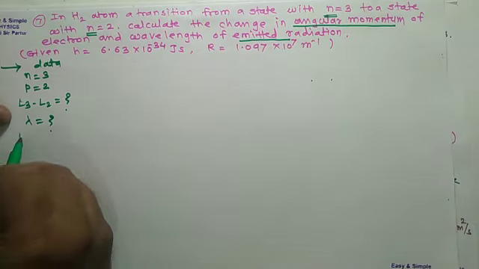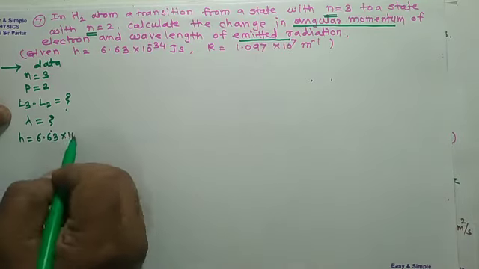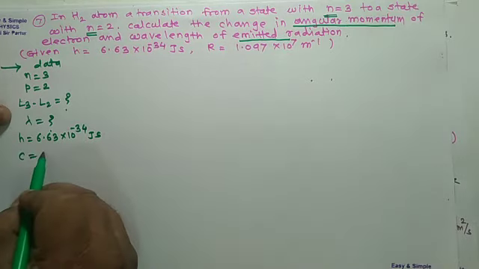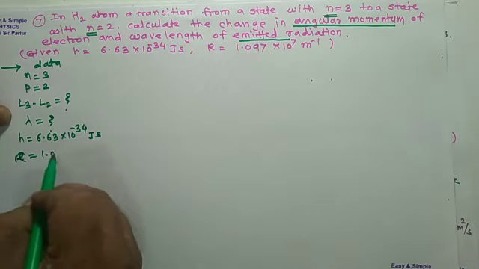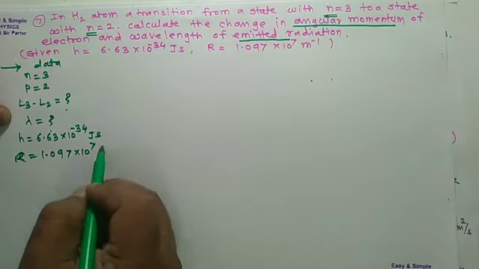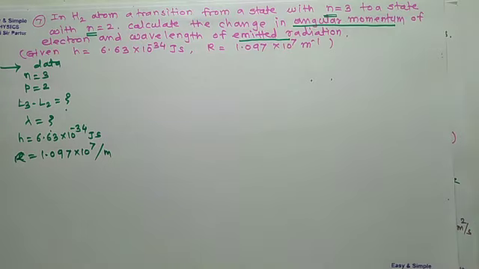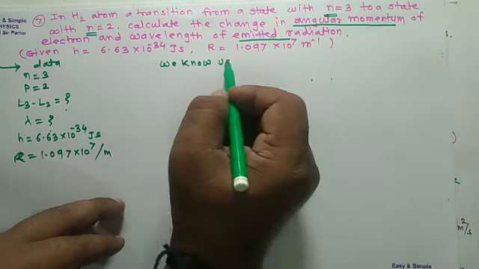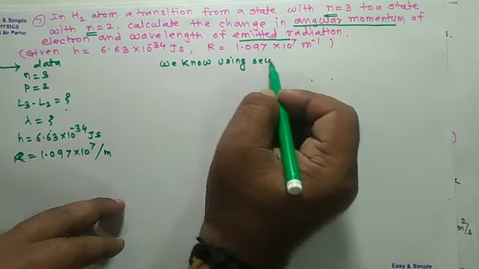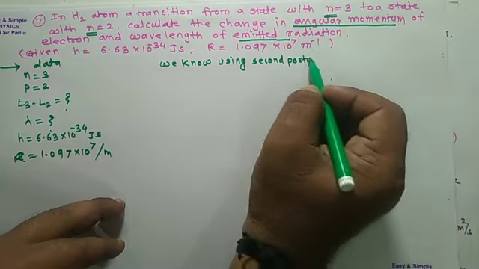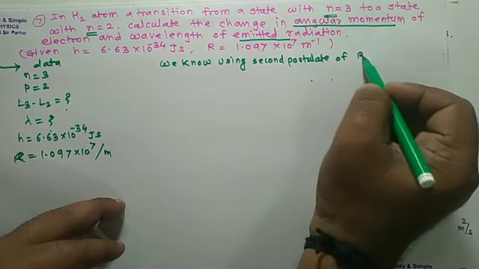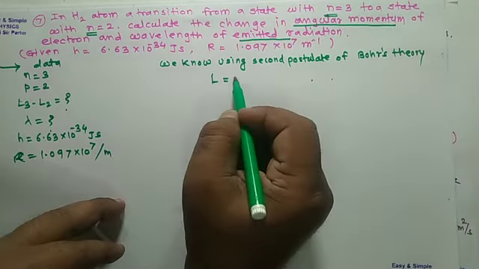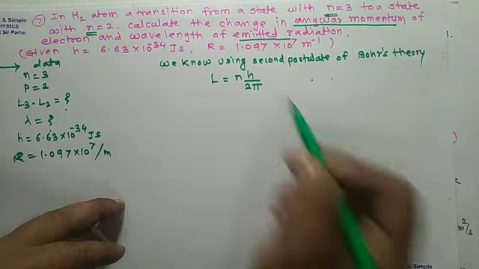h is given 6.63 into 10 to the power minus 34 joule second, R is given 1.097 into 10 raised to 7 per meter. Okay, we know, using second postulate of Bohr's theory, L is equal to nh upon 2 pi.